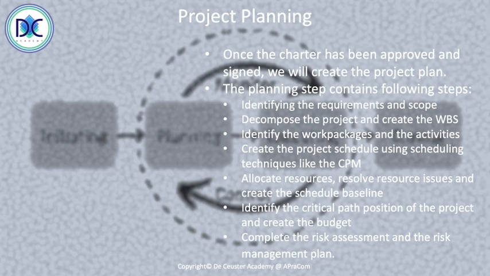We finally allocate the resources in the Gantt chart. We see where there are issues and we resolve them. In fact, we adjust the start and finish times of the activities in order to resolve any resource issues. This creates what we call the schedule baseline.